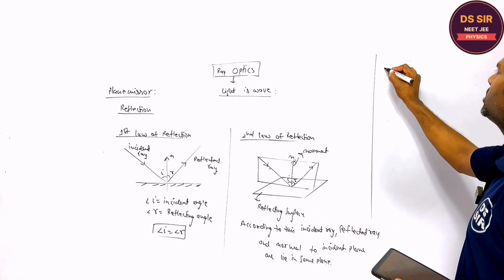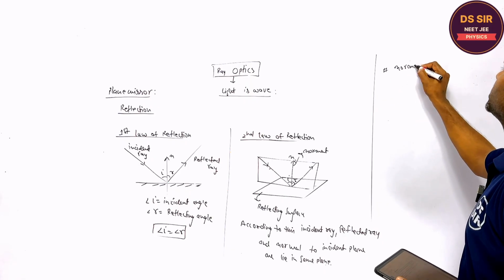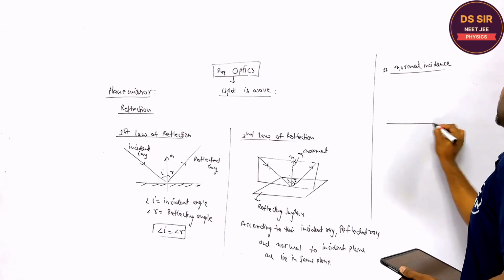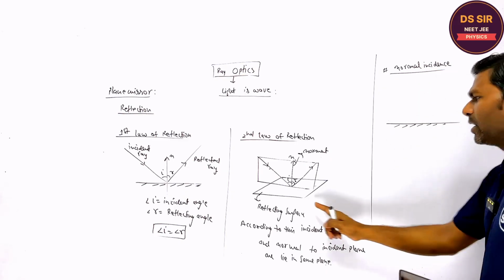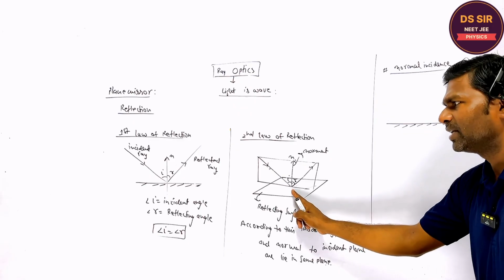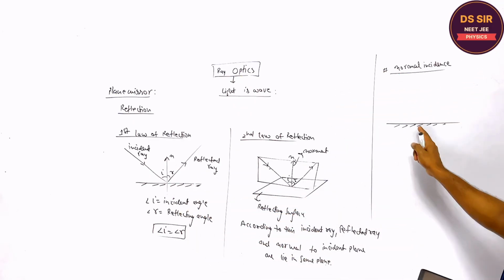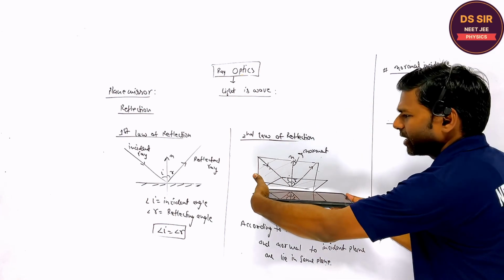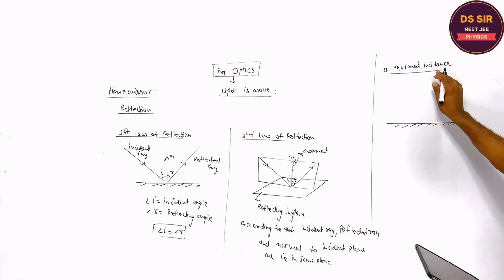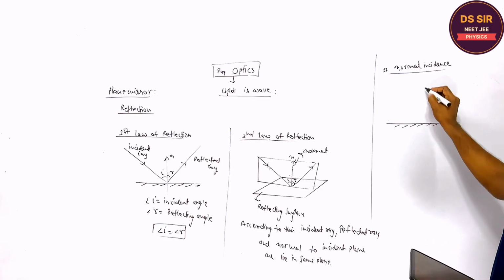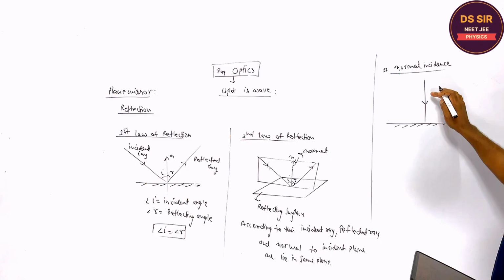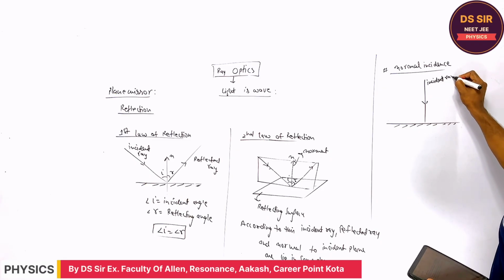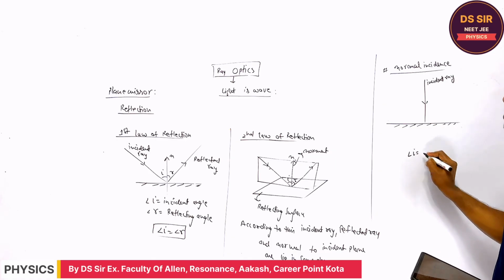In the special cases, you may write first the normal incidence. Normal incidence means, if this is the plane mirror, this is the reflecting surface, and it is represented by this symbol. Normal incidence means the light rays are incident normally. If this is the incident ray, can you tell me what is the angle I for this?